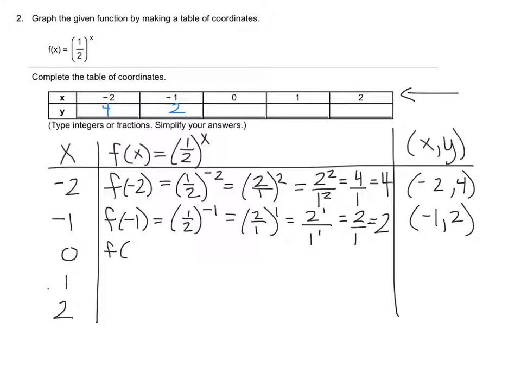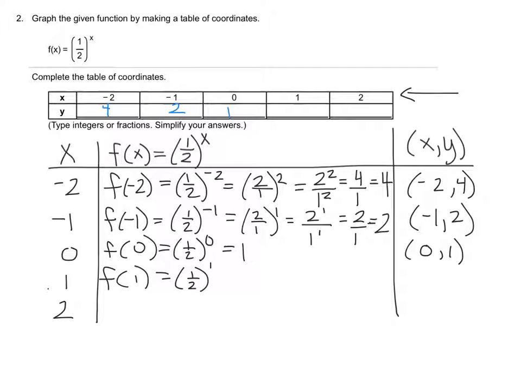F of 0 is 1/2 to the 0 power. Anything raised to the 0 power is 1. So our ordered pair is 0, 1. Next, f of 1 is 1/2 raised to the 1 power, and that equals 1/2.